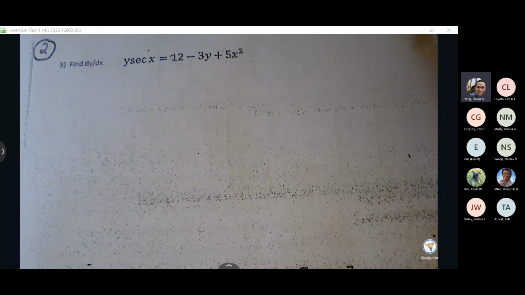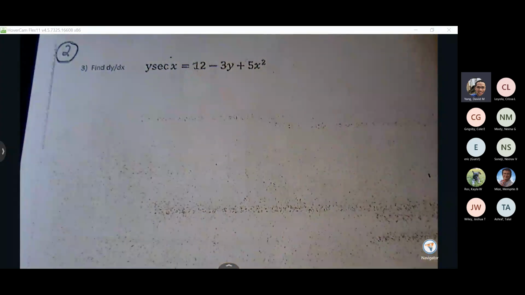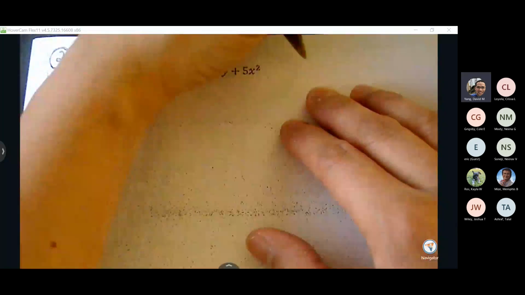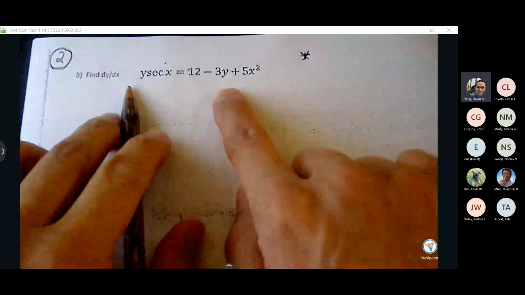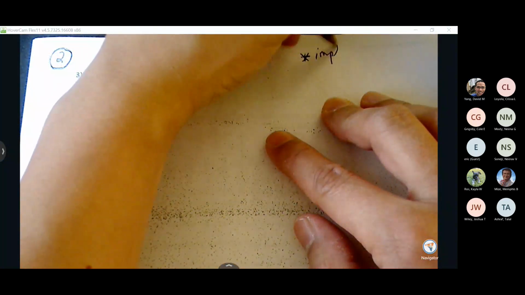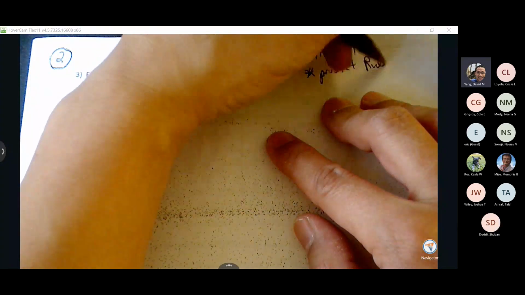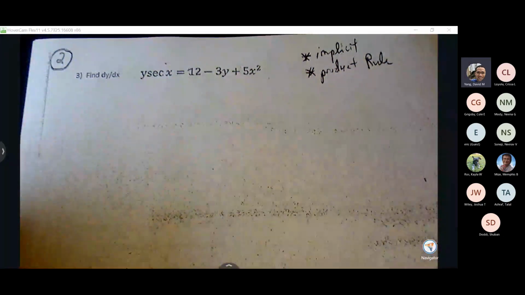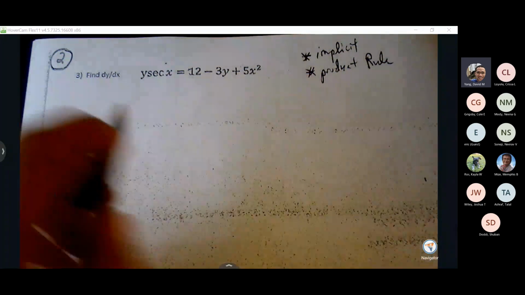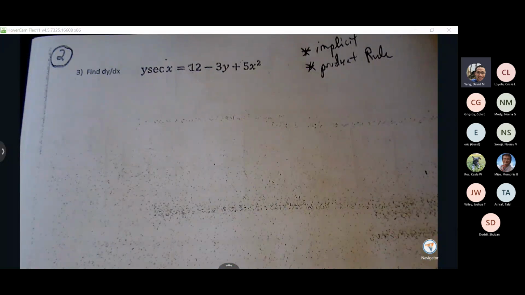Okay, let's do a couple of derivative problems here. This one here is find dy dx. Let's list out the processes that are involved. What's involved here if I want to find the derivative? Implicit, okay, because you see y's scattered across your problem here. What else? Product rule. Okay, I want to let you know, students typically have a hard time identifying product rule because usually the problems are not going to be set off in parentheses where you can see two distinct terms.